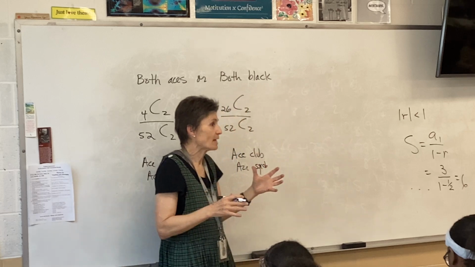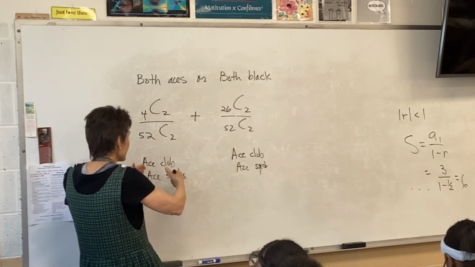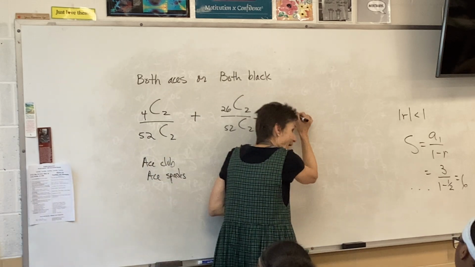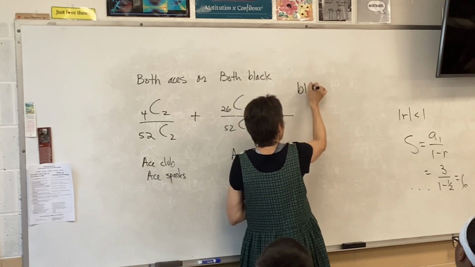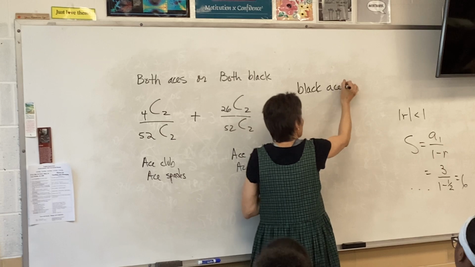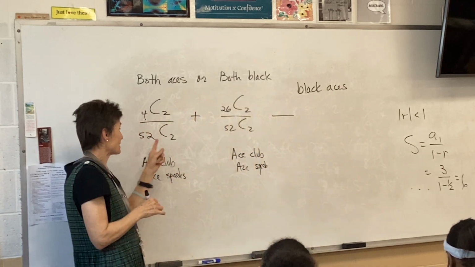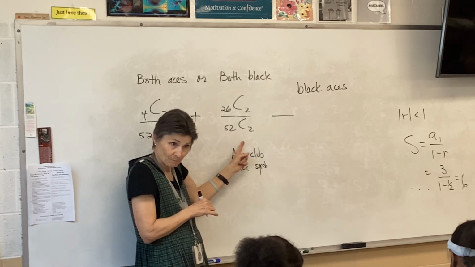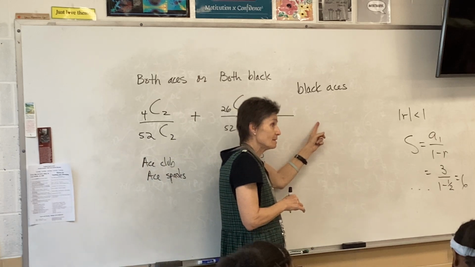You can't do that. So, we have to take both aces, both blacks, and then subtract the probability of black aces, because that pair of black aces has been counted here, and it's been counted here, so we're going to subtract it out.